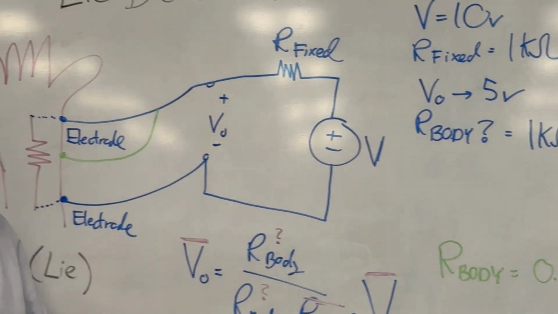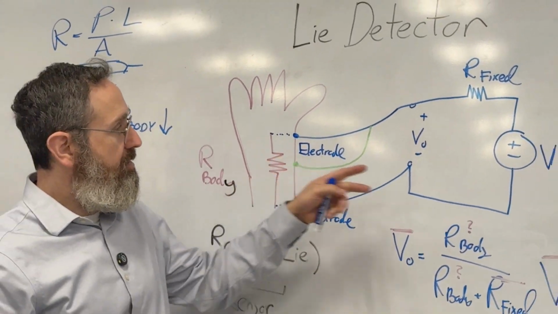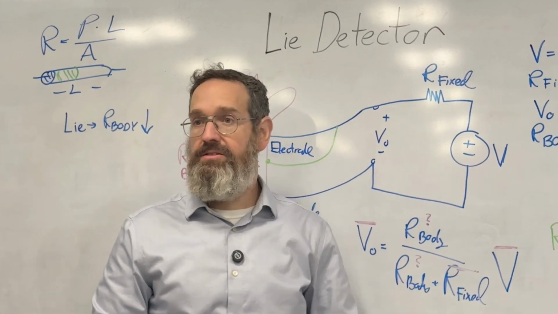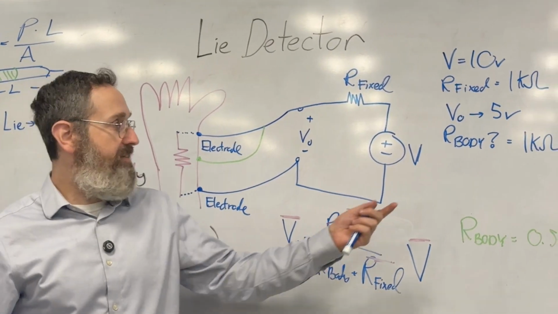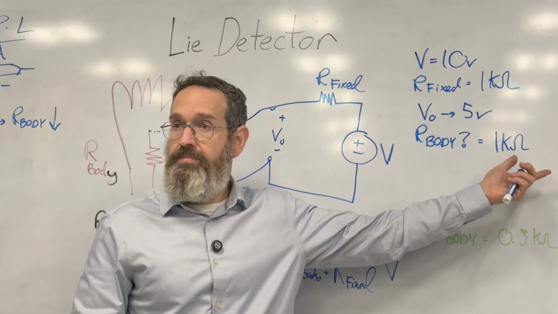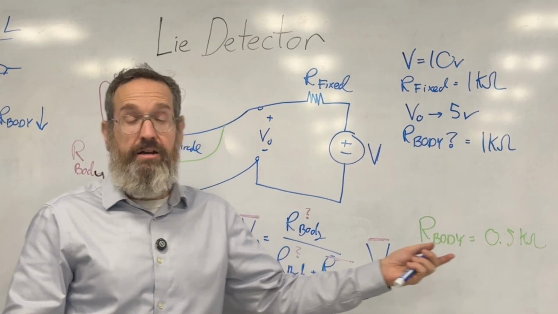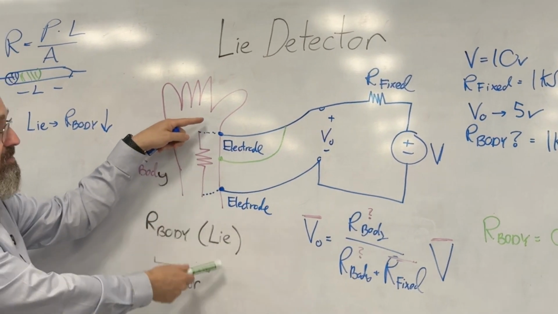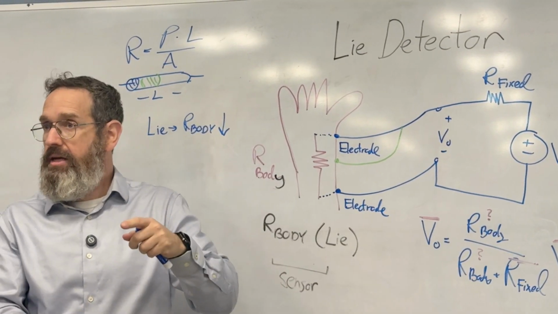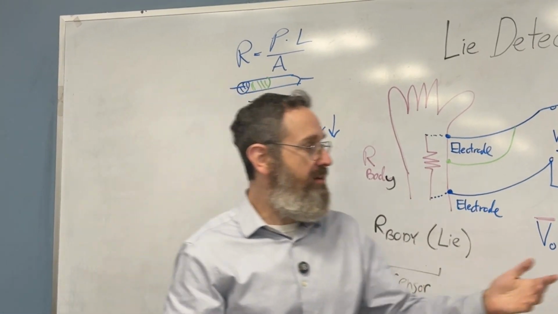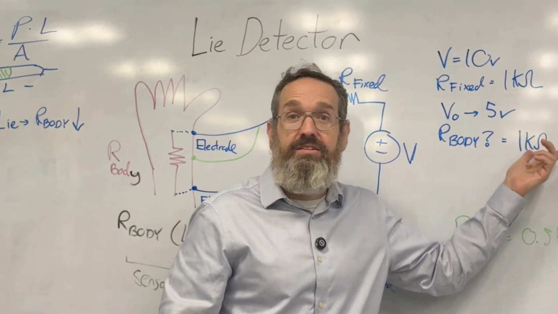So if you did this, you would have measured a different voltage and then you would have calculated this. So she can have a resistance of 1 kilo ohm, she can have a resistance of 0.5 kilo ohm, and in fact, she could have a resistance of 2 kilo ohm. You can't tell from the resistance what's going on.